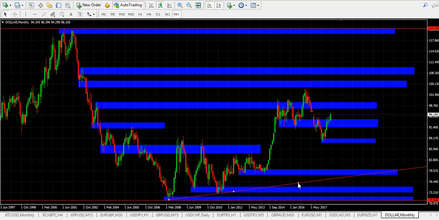This has one touch, but it's not too interesting. So if we pull this up, we now have 3 touches. See that? 1, 2, 3.